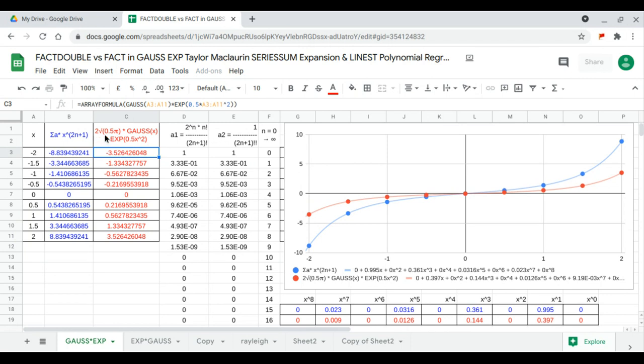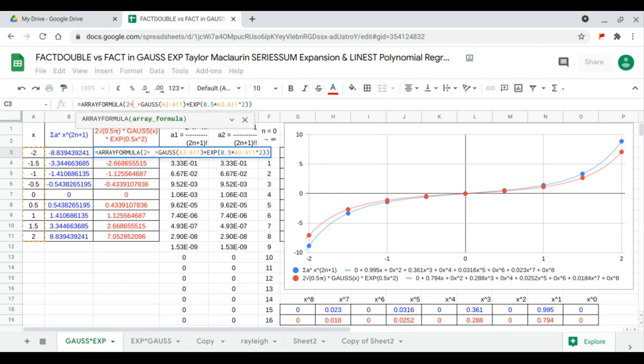Next, we need to factor in 2 times square root of 0.5 pi. So we start with 2. 2 times. And then after 2 times square root of 0.5 times pi.